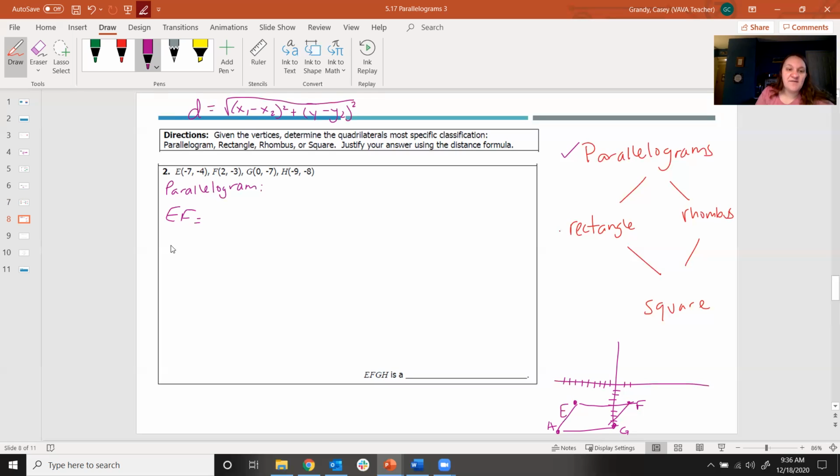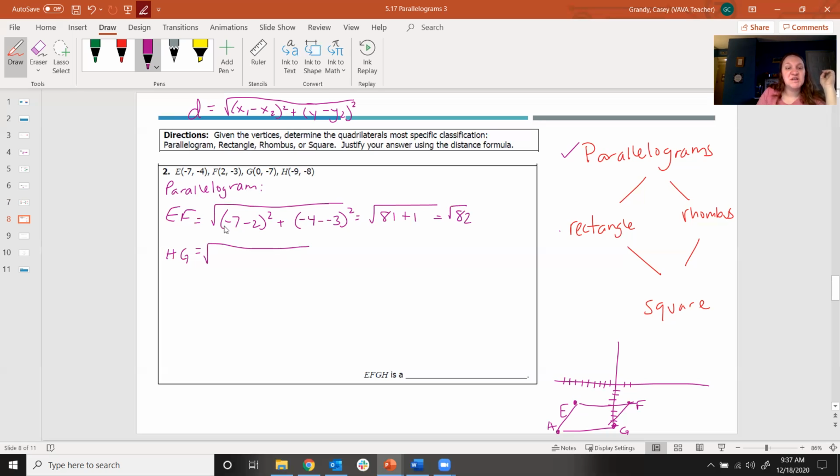So let's find EF and HG. So the square root, hopefully we're getting very good at this distance formula. We're going to use E and F. So we're going to subtract our X values, square them, plus subtract the Y values. Be careful with those negatives. -9 squared is 81. -1 squared is 1. It's the square root of 82.